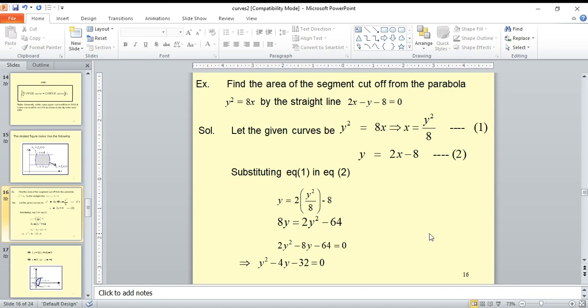Let the given curve be y² equal to 8x, that is equation 1, which implies x equal to y²/8. The next equation is y equal to 2x minus 8. Substituting equation 1 in equation 2, y equal to 2 into (y²/8) minus 8.